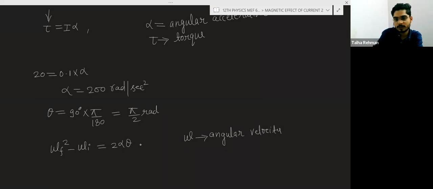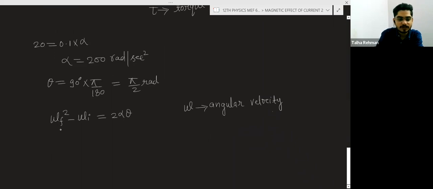The concept of rotational motion is introduced here. So final omega means the final angular velocity you want to calculate. Initial angular velocity is 0, because initially the coil was at rest.